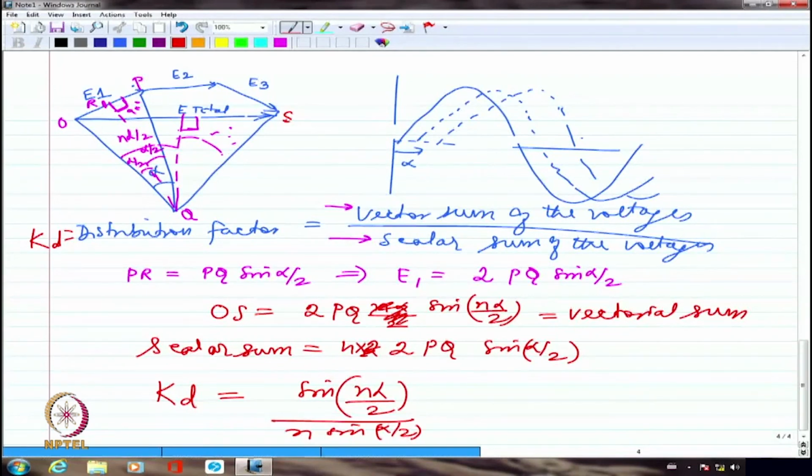If there are 360 slots, very clearly I am going to have only 1 degree between two adjacent slots. So depending upon how many slots are there spread over the complete 360 degrees, I should be able to calculate what is alpha, right? That is the angle subtended at the center by two adjacent slots. And n is how many slots are allocated per pole per phase.